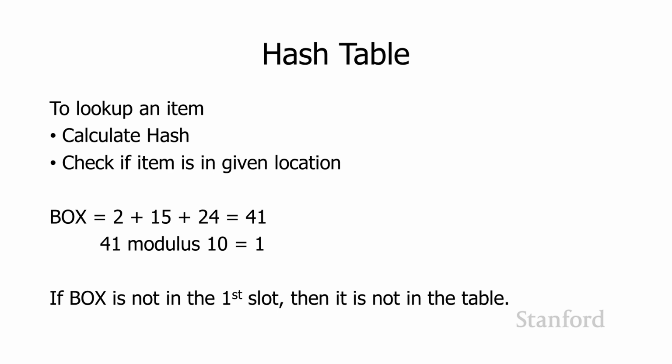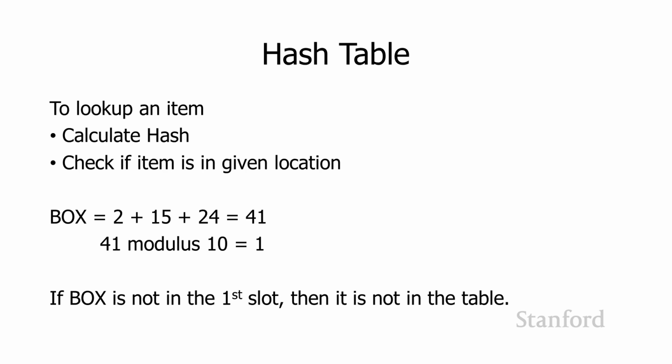Okay, so we've been talking about using the hash to put items in the table. And then, of course, if you're trying to figure out if an item is in the table as opposed to putting an item into the table, you just do the same thing. So suppose I want to look up and see if box is in our table. Well, I calculate the hash. B is the second letter, O is the 15th letter, and X is the 24th letter.